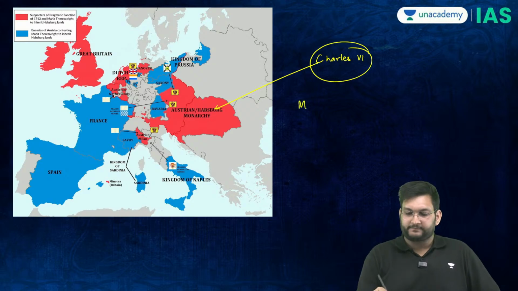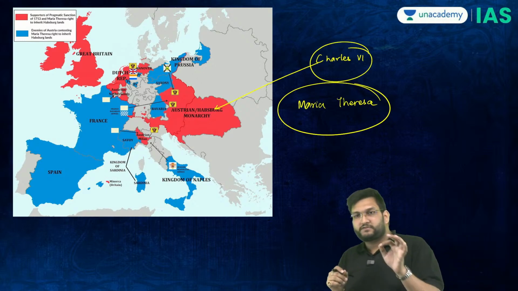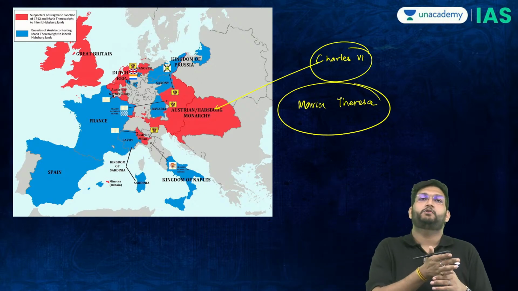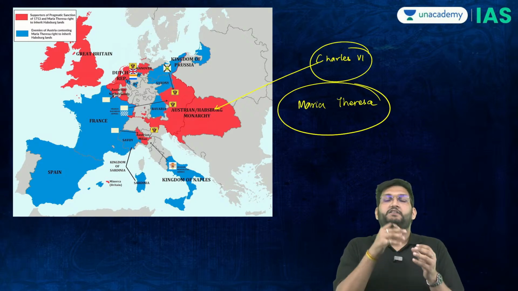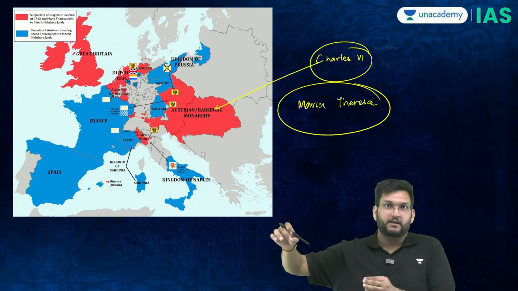Her name is Maria Theresa. Maria Theresa, who's the daughter of Charles VI, says that my father had introduced certain changes in the early 18th century, which allows for women to be rulers.